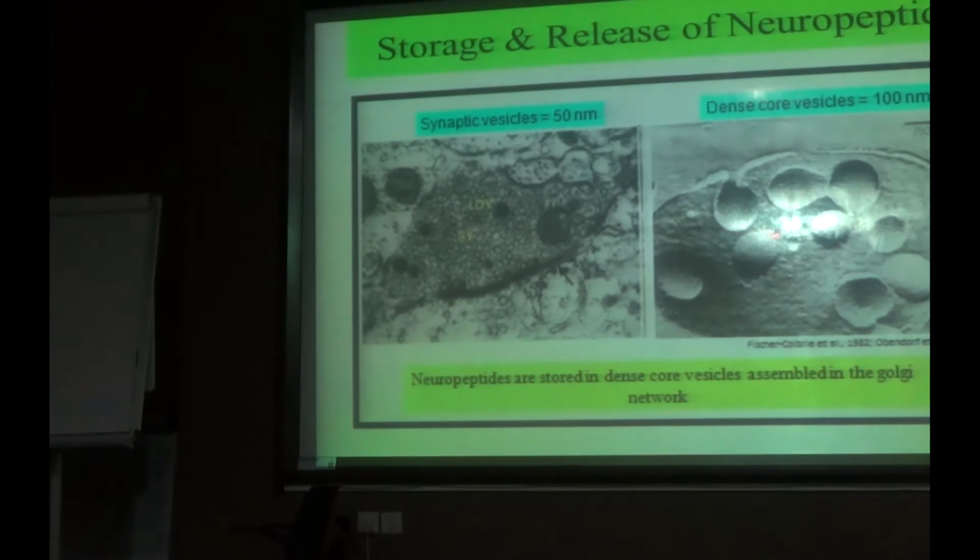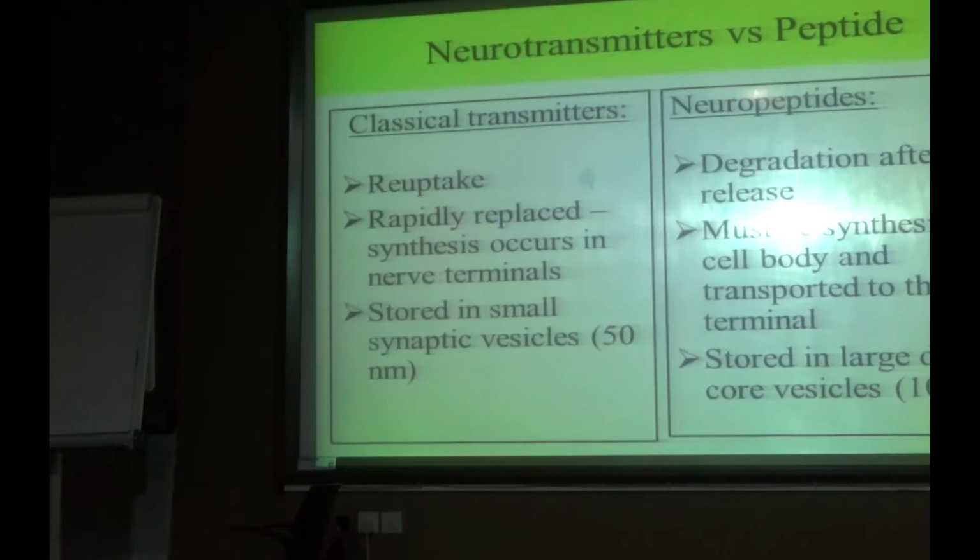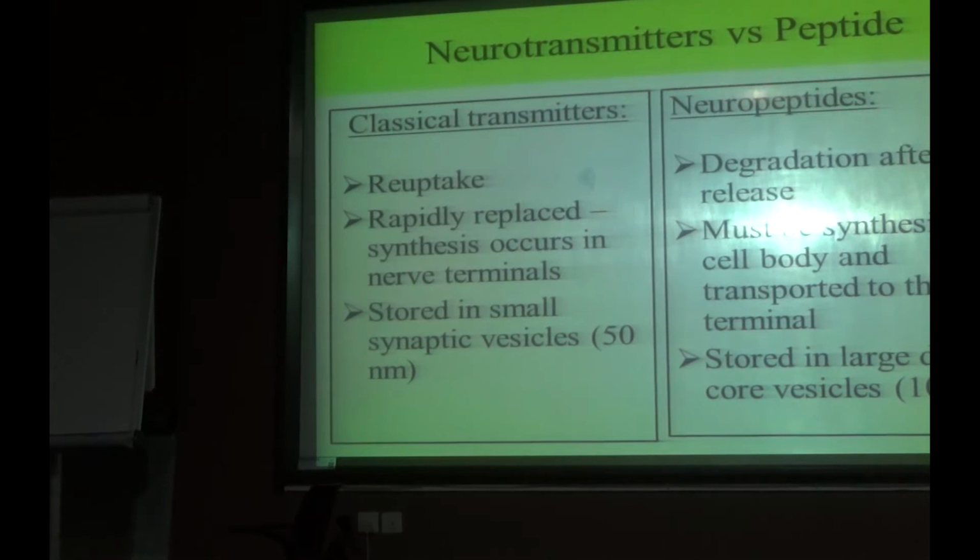They are large, they are small, 100 nanometers to 50 nanometers. Short action, long action. A small area, a long area. They are released for a longer time of action. So these are the classical differences between the neuropeptide and the neurotransmitters.